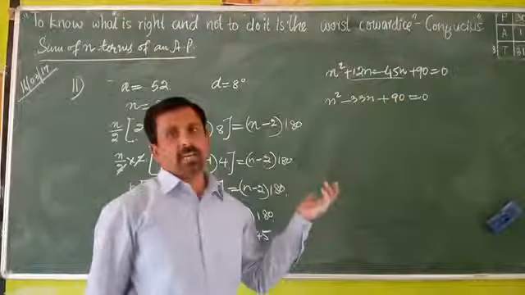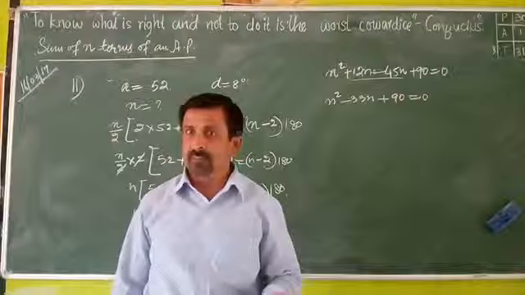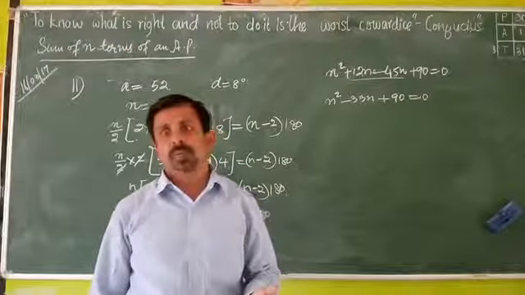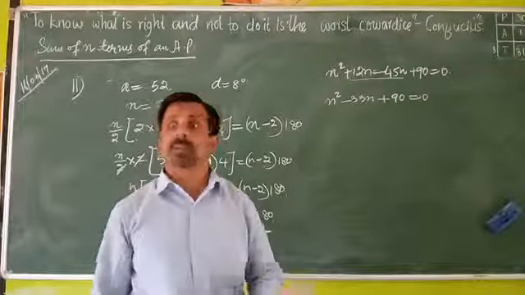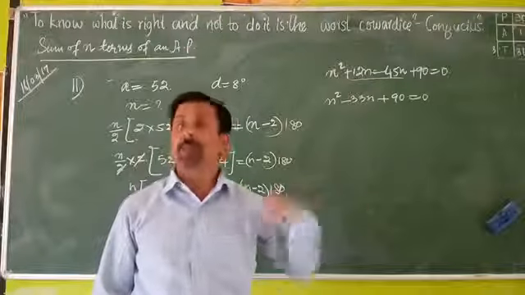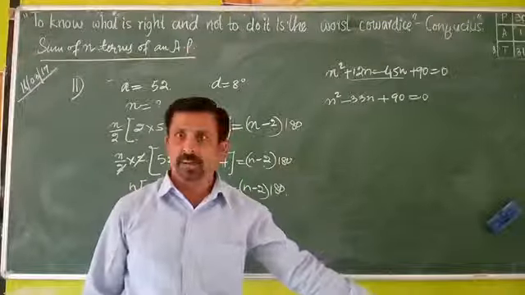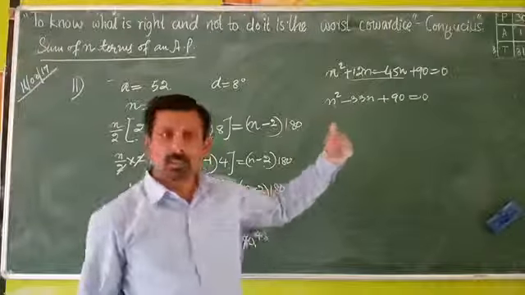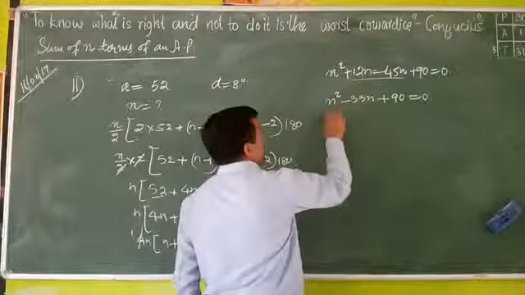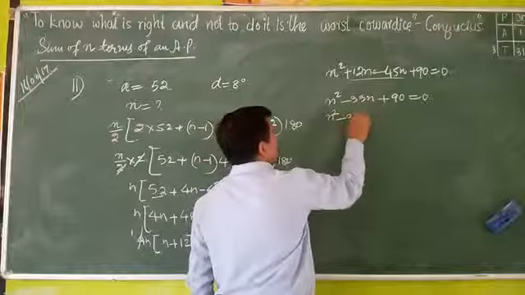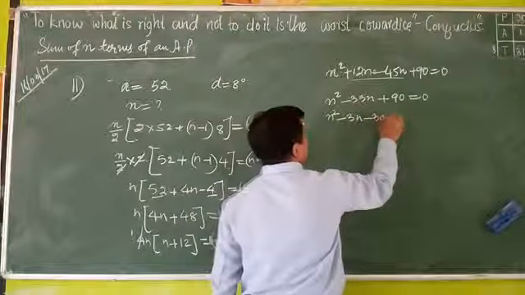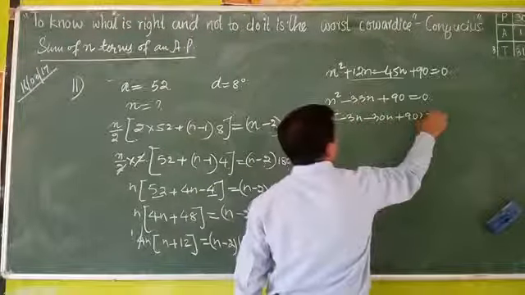Now, this is a quadratic equation and it is a trinomial. If we can expand the middle term, then we will adopt our previous method. If we are not able to expand it, then we will go back to the new method. But this is doable by the first method. So we simplify: n square minus 3n minus 30n plus 90 is equal to 0.